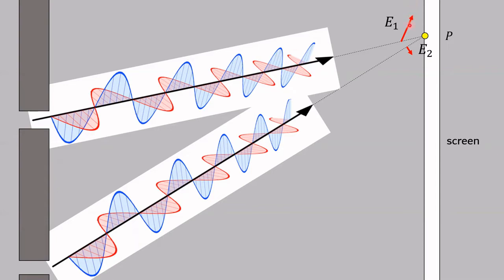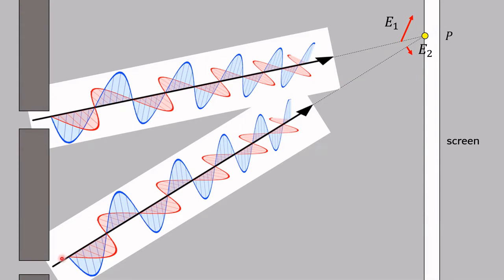Okay, so here are the two electric fields from these two separate waves, the waves from the two slits impinging at the same point on the screen. Now, I drew them offset just a little bit, but you can imagine these electric fields arriving right here. And you'll notice that they're not in phase. Let's just assume that they have the same amplitude, by the way.